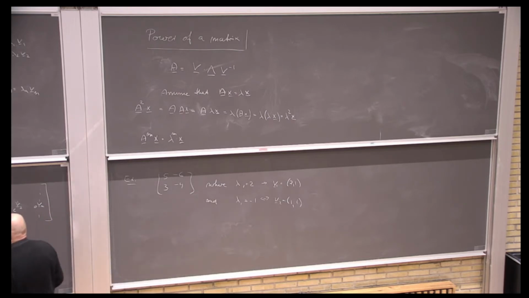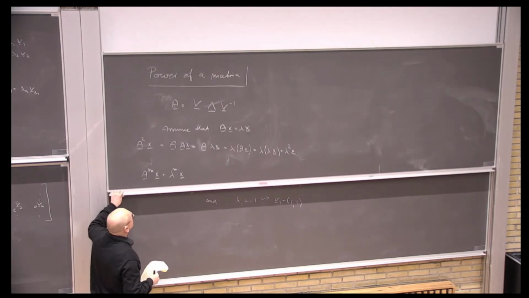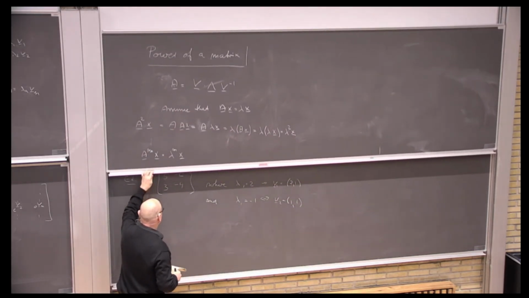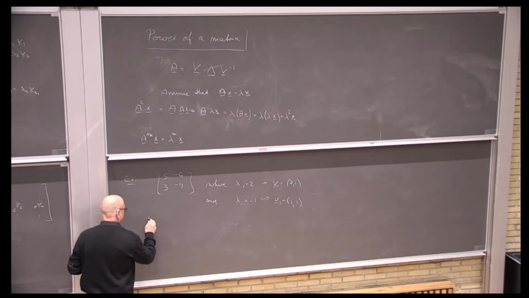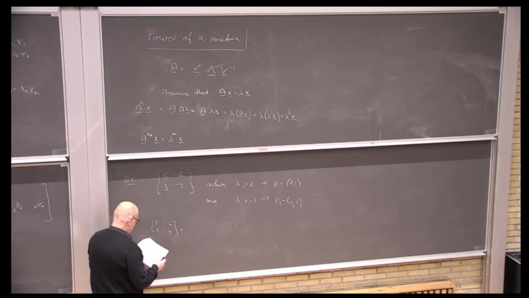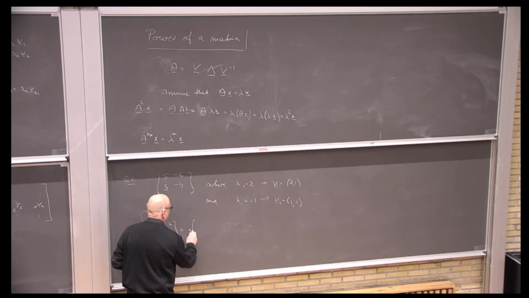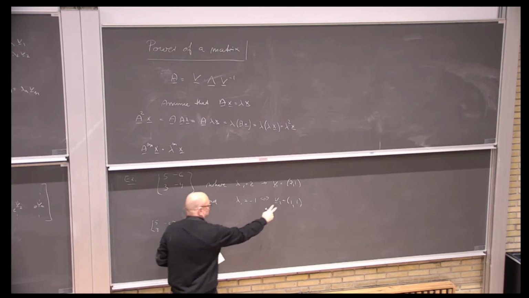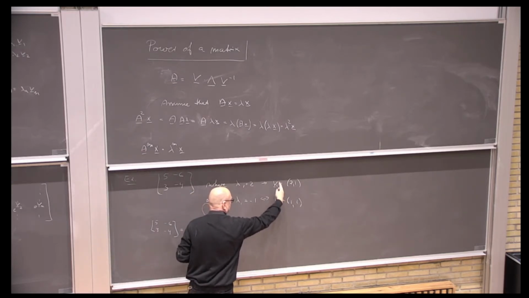So if I write this factorization of my matrix, it looks like this. I get 5, minus 6, 3, minus 4 is equal to my V matrix, which is the coordinate matrix for my eigenvectors.